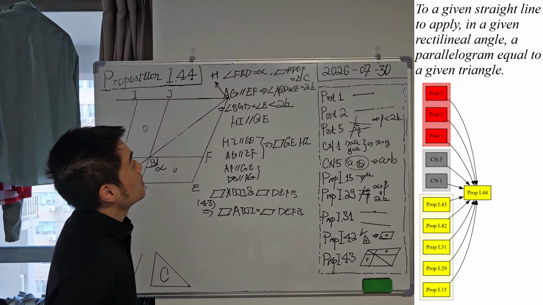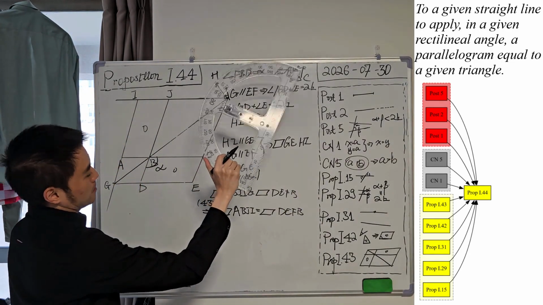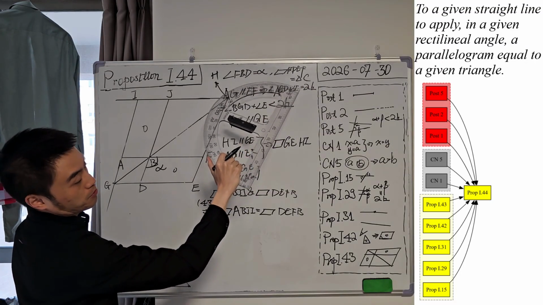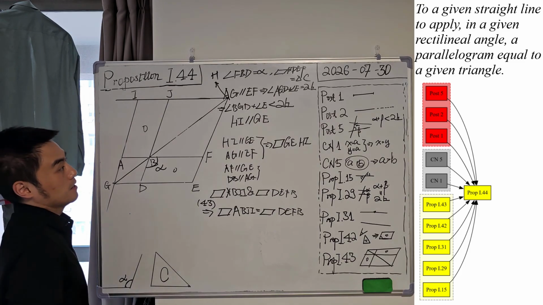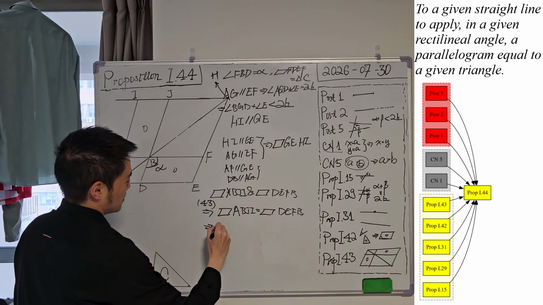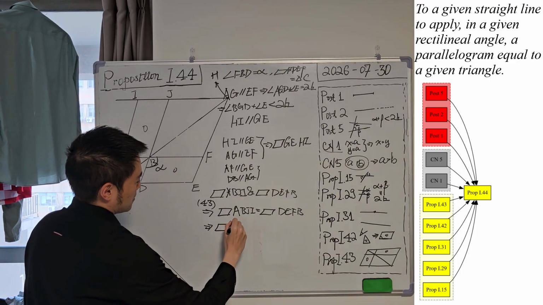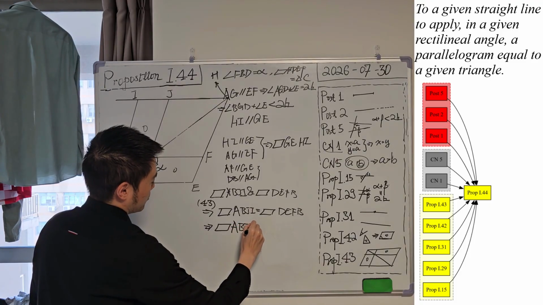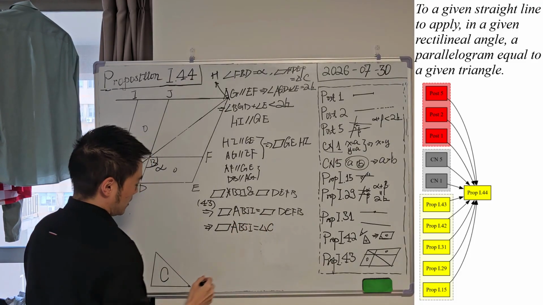And then we've already known that parallelogram BDEF equals the triangle C, the given triangle. And if we apply common notion 1, we can conclude that parallelogram ABJI equals triangle C, right?